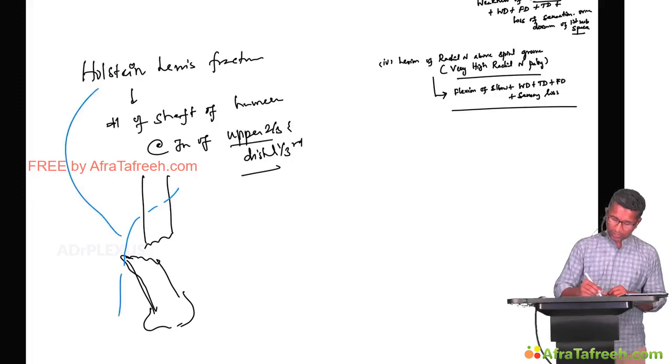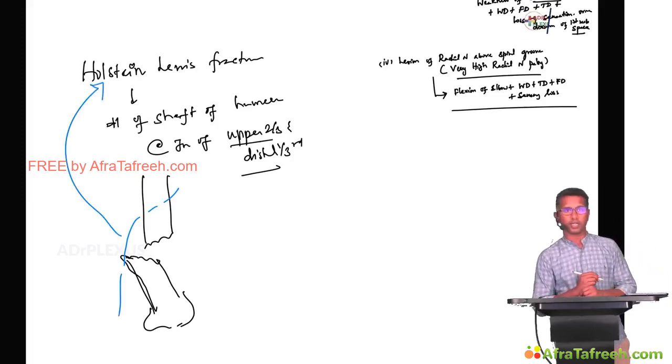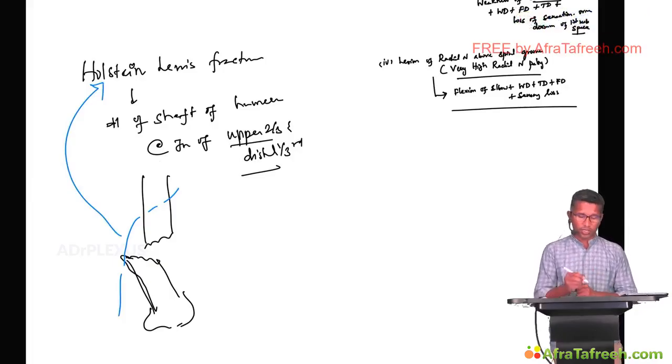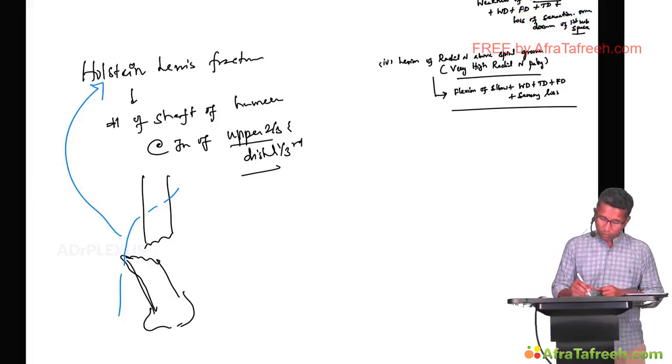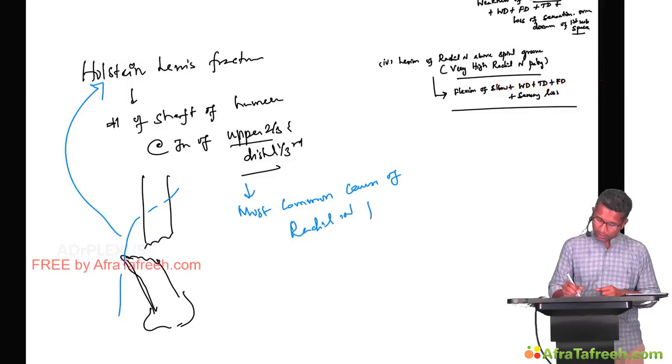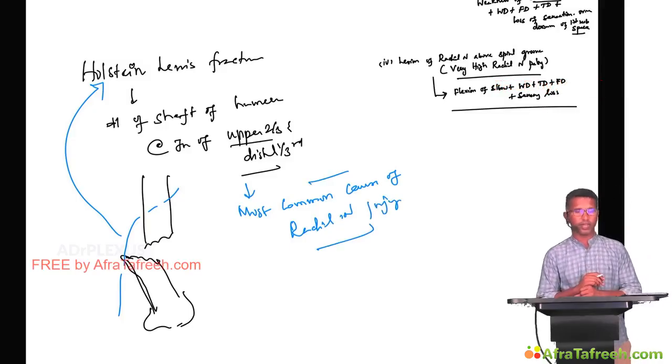This kind of fracture is called Holstein-Lewis fracture. It is the most common cause of radial nerve palsy or radial nerve injury.